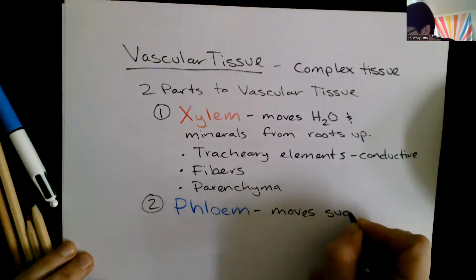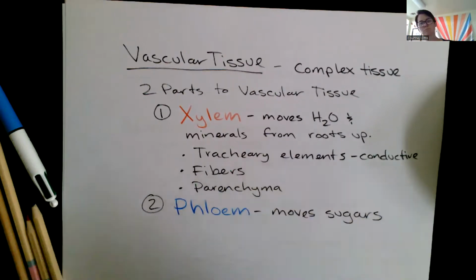So it's going to be primarily involved in moving sugars throughout the plant body, but it's a little more dynamic than that. Xylem is really just moving water and minerals up, but phloem's kind of like the superhighway inside the plant, in the sense that hormones can be transported through there to signal different parts of the plant.